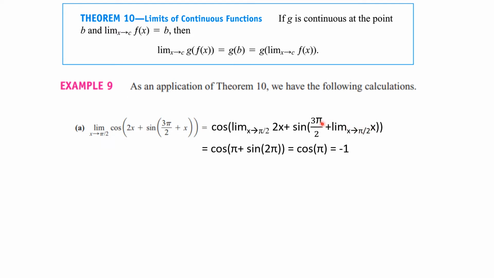That's 4 pi divided by 2, that means that's 2 pi. So in conclusion, we have cosine of pi plus sine of 2 pi. Sine of 2 pi is equal to 0. So this will give us just cosine of pi, and that's equal to -1.